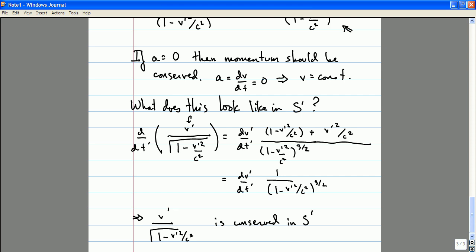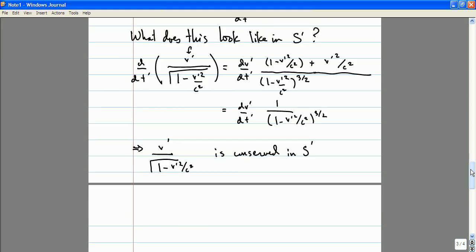Now, in the S frame, the object wasn't moving at that moment t in time. But in the S prime frame, it was moving. And it was moving at some potentially relativistic velocity. So that means that we can identify this quantity as the quantity which is going to be conserved under the laws of dynamics.